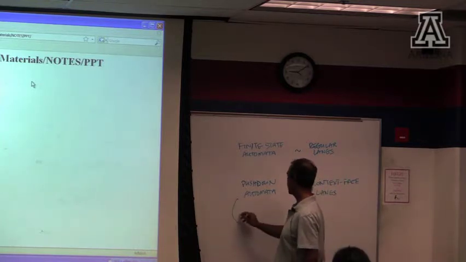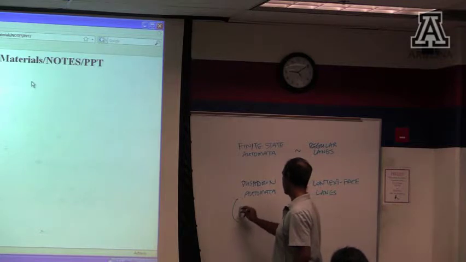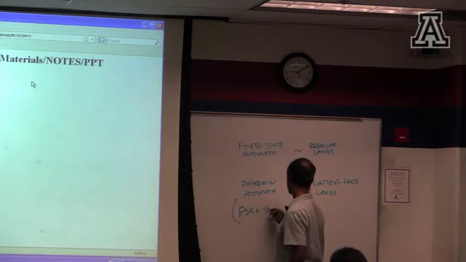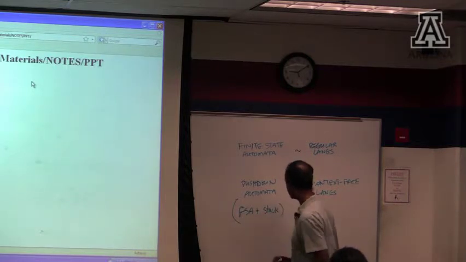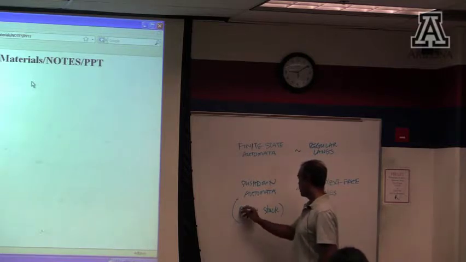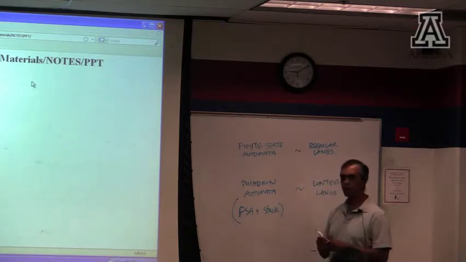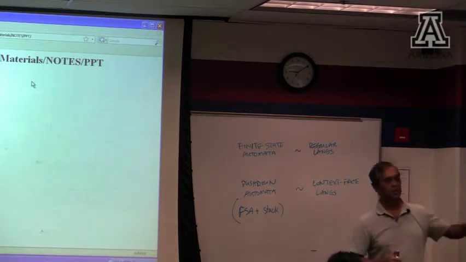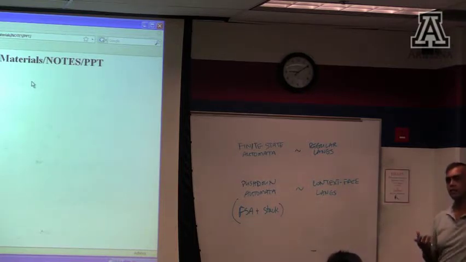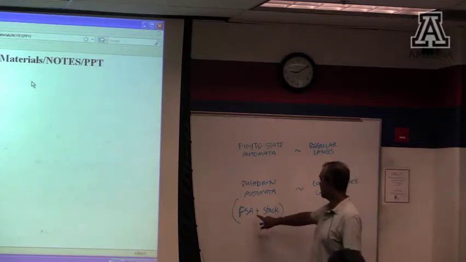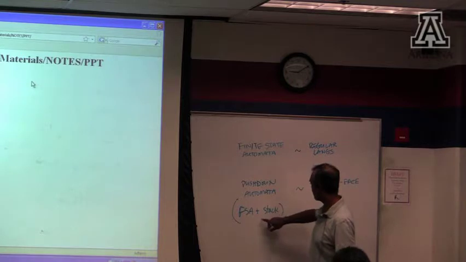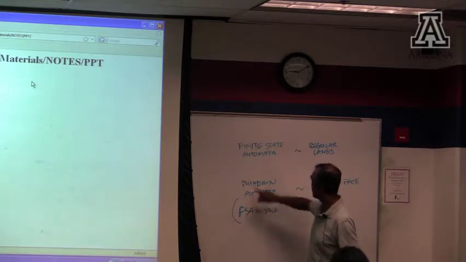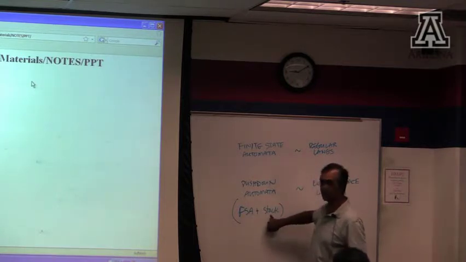Think of these as FSA plus stack. Now, in terms of an implementation, these guys need very little machinery. All you have is a finite set of states, and you bounce around between the states. These guys need a bit more machinery. There's the finite control that we had over here, plus the stack.